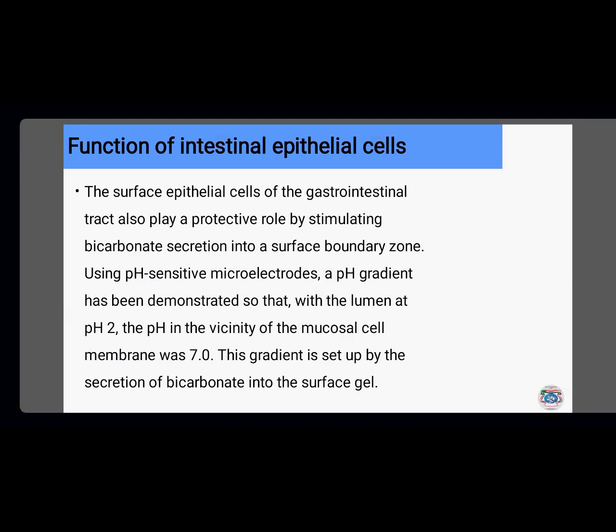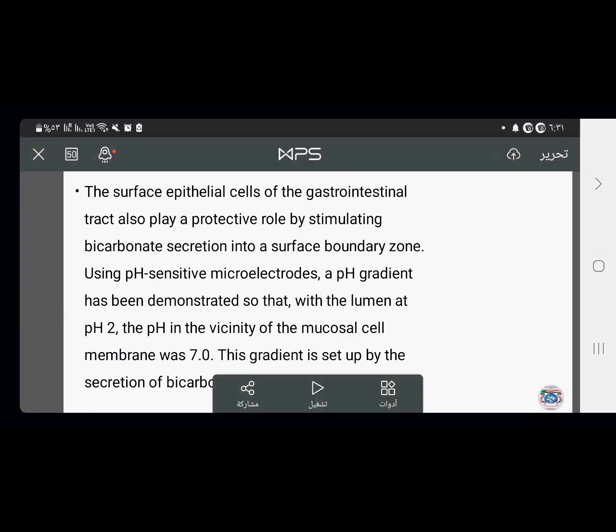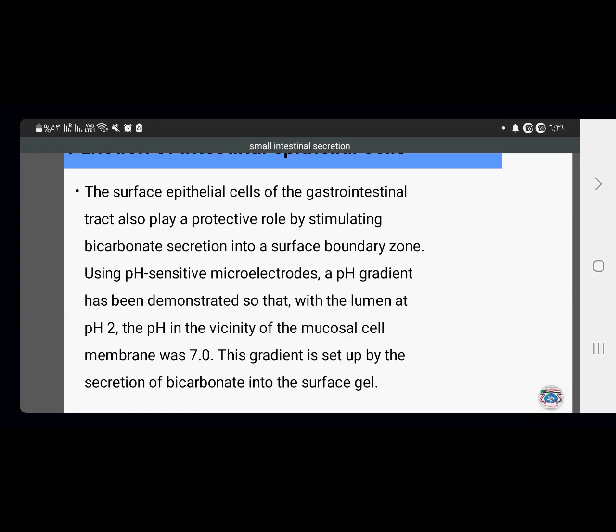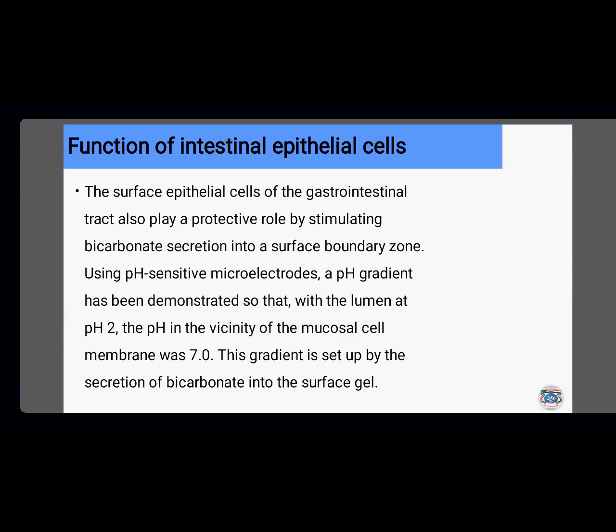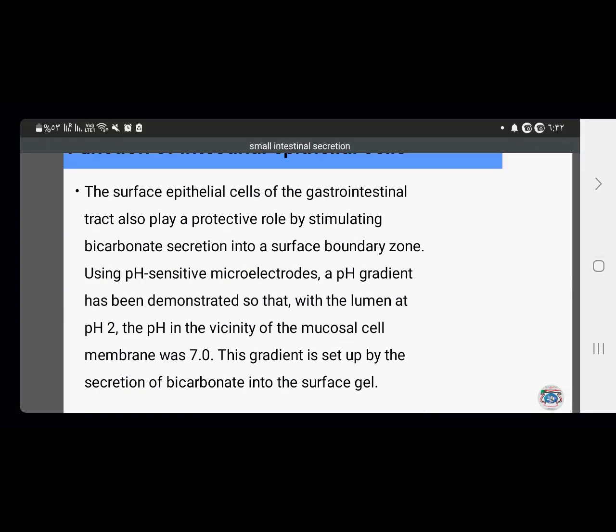As you know, bicarbonate is alkaline, and the HCl from the stomach is acid. When they react together, it leads to neutralizing the acidity, because the harmful effect of acid can lead to ulceration, especially if there is some problem in the mucus secretion. This is why the bicarbonate secretion is also so important.